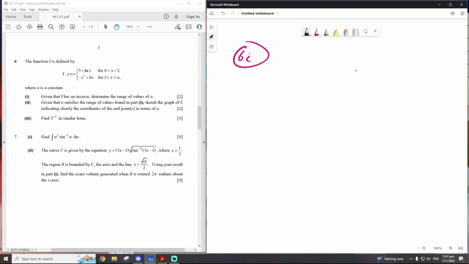So for f to be invertible, it must be a 1-1 function. So the range of 5 plus ln x, for 0 less than x less than 1, is, since ln 1 is 0, actually negative infinity to 5.